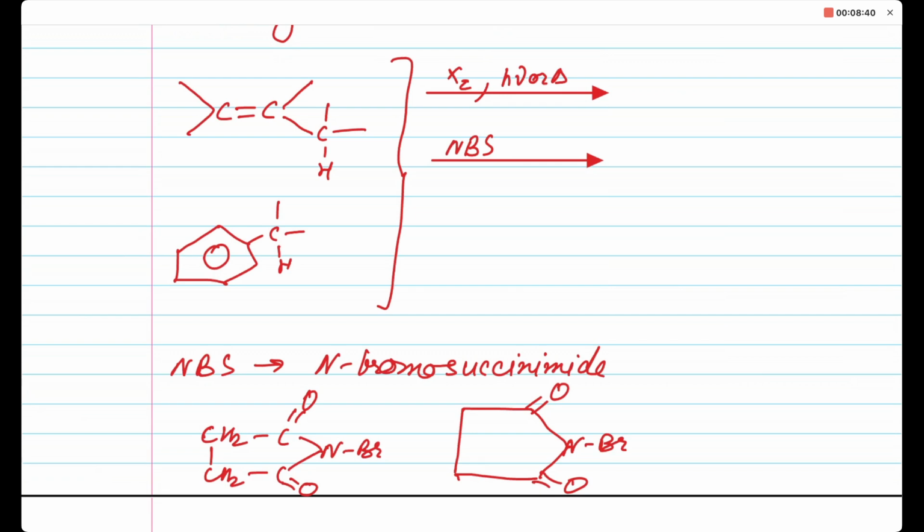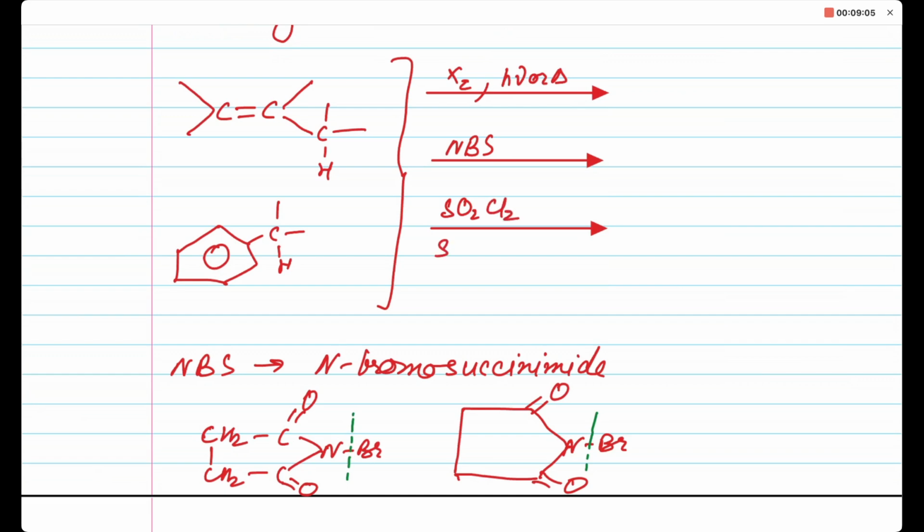This is N-bromosuccinimide. In this case, what we find is that it is extremely easy for this N-Br bond to break, which leads to the formation of N radical and Br radical, which is able to replace the hydrogen with Br. So this NBS is used in this case. Another compound which we have is called SO2Cl2.